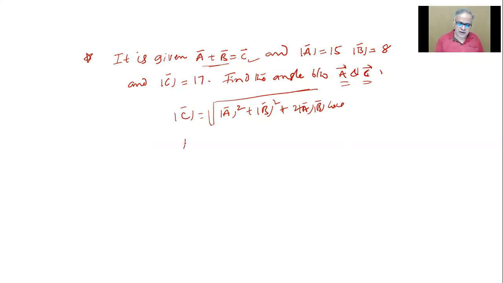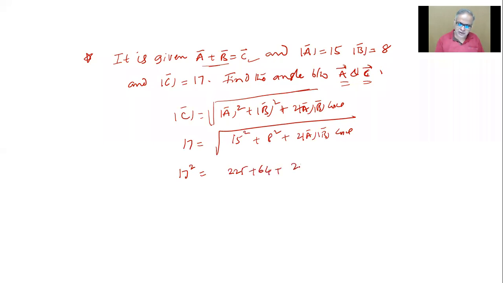So C is 17. A is 15 square, B is 8 square, 2AB cos theta. If you square it, 17 square equals 225 plus 64 plus 2AB cos theta.